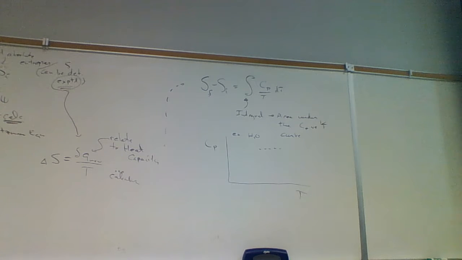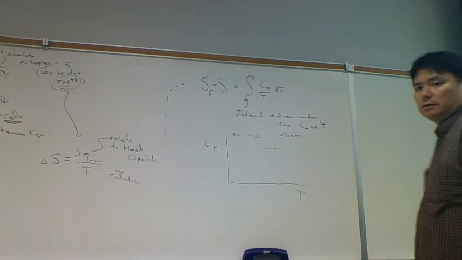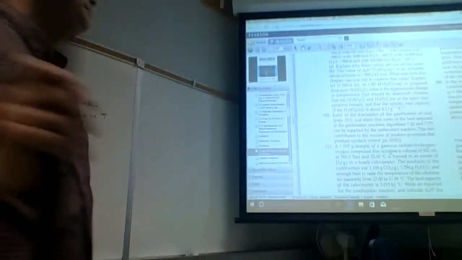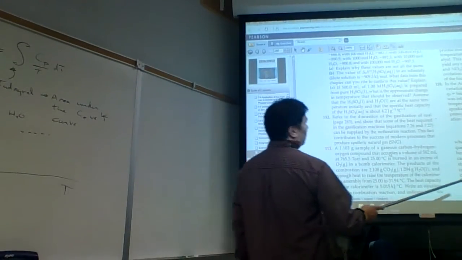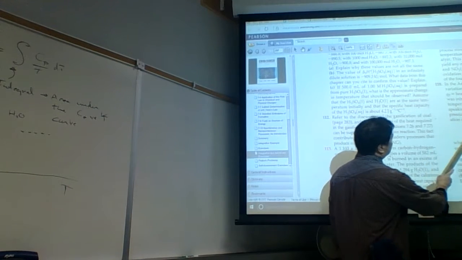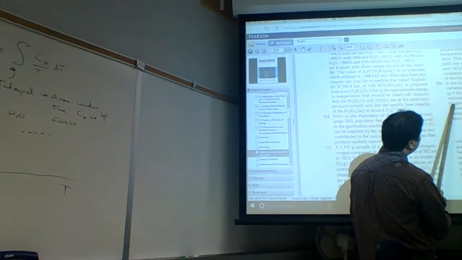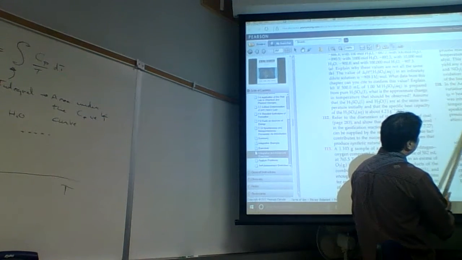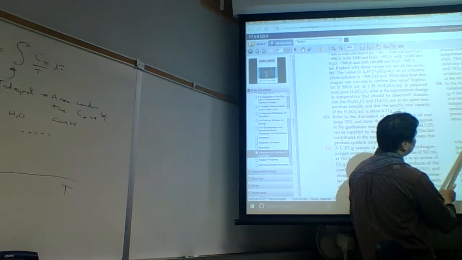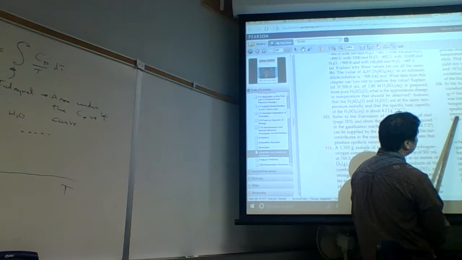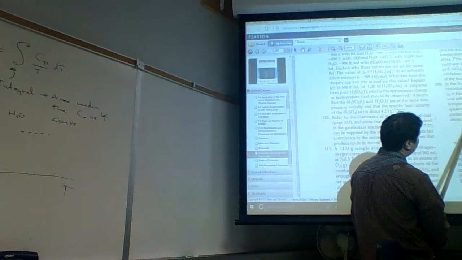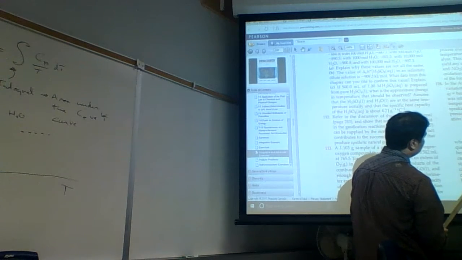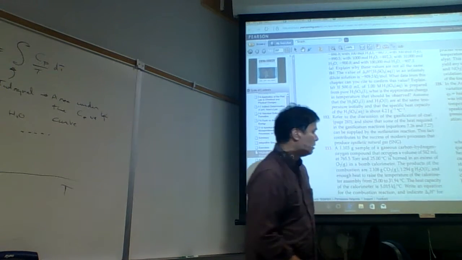For example, on problem number 118, strictly speaking, the heat capacity of a substance at constant pressure is the slope of the line. Okay, some thermodynamics type stuff here.